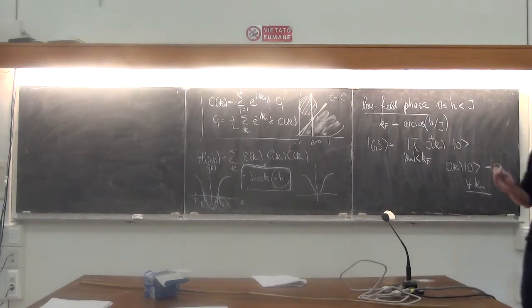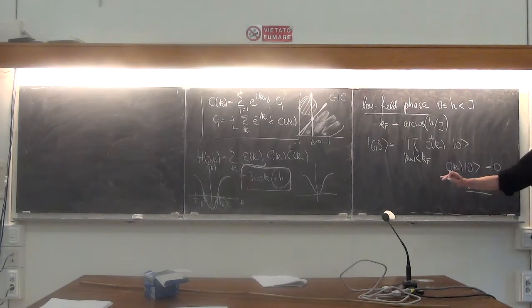So I really have two vacua. I have one vacuum which is annihilated by all the annihilation operators for k_n equals 2 pi n over L, and I have a different vacuum for the antiperiodic boundary conditions. And so you have to double all of this.